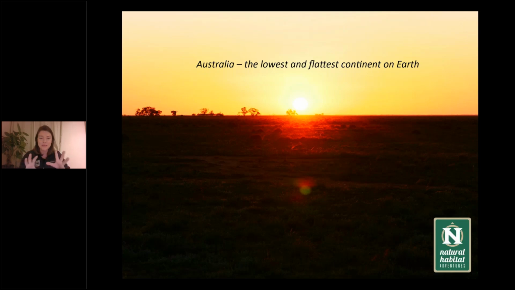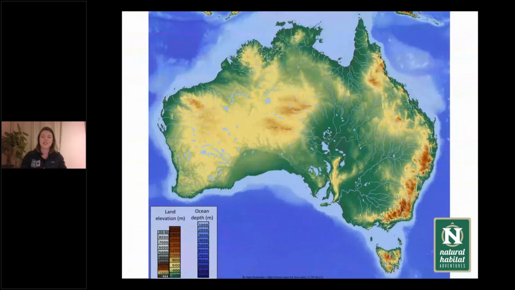But we do have some areas that are a little bit higher. So this is a topographical map of Australia. And you can see some mountain ranges on the east coast here. This is what we call the Great Dividing Range. It does divide this more flat, arid and semi-arid region in the inland of Australia from the more temperate climate on the east coast.